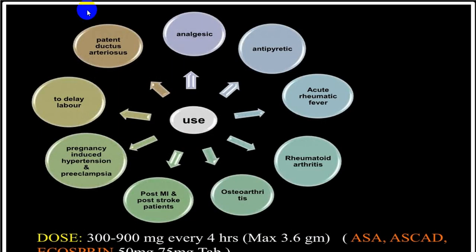So all these are common indications: to delay labor, patent ductus arteriosus, as an analgesic, antipyretic, anti-rheumatic, rheumatoid arthritis, osteoarthritis, post-MI, post-stroke, pregnancy-induced hypertension and preeclampsia, etc. These are the common uses.